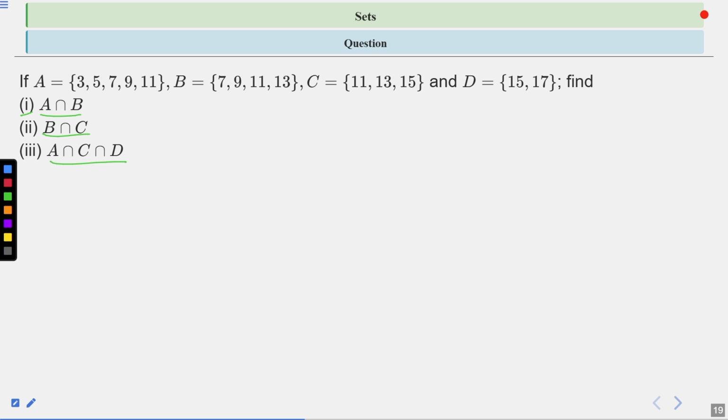Clear? So, for this question, please do try this. Comment your answers. You will have some seconds to try this problem. Then afterwards, we will move on to the solution slide. So, your time starts now.